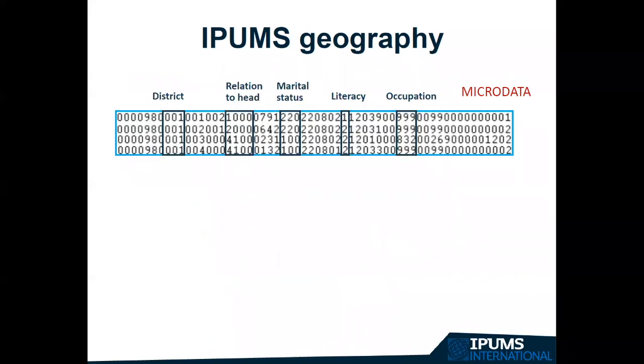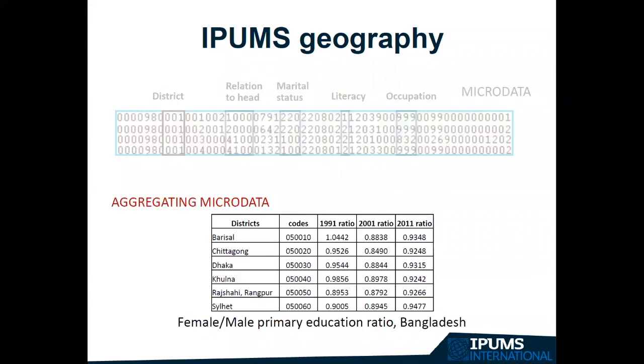IPUMS is not a collection of compiled statistics or tables. IPUMS is composed of microdata, where the unit of observation is an individual. What I'm going to focus on today is aggregating this microdata to a particular level of geography that suits your research. Like in this case, we show in the example results for the ratio of girls to boys in primary education in Bangladesh.